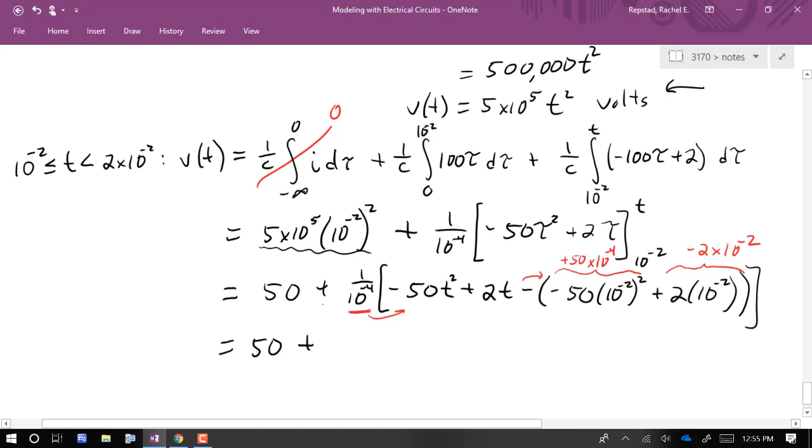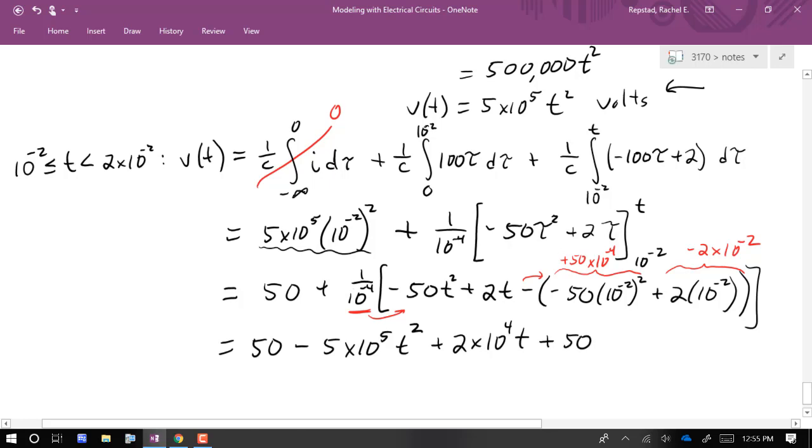So we have a negative (5 times 10 to the 5th) t squared plus 2 times 10 to the 4th t plus, let's see, that'll be plus 50.